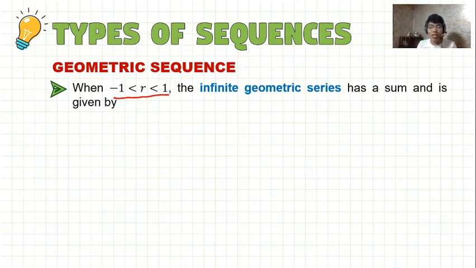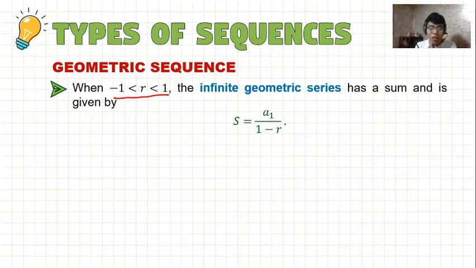So, meron siyang sum even though hindi siya nagsastop. Okay, and it is given by this formula. S is equal to a sub 1 over 1 minus r. That is when your r is between negative 1 and 1 only.